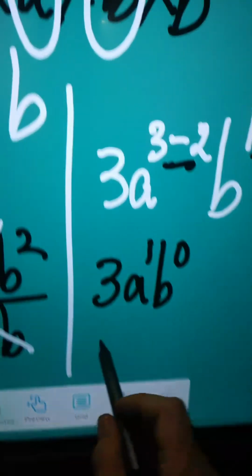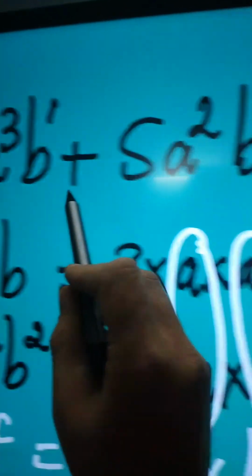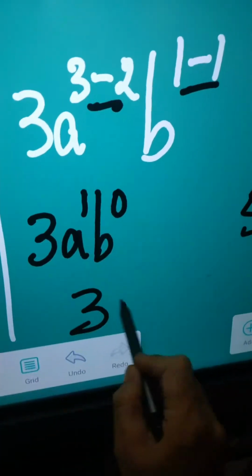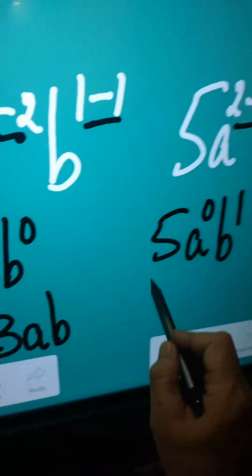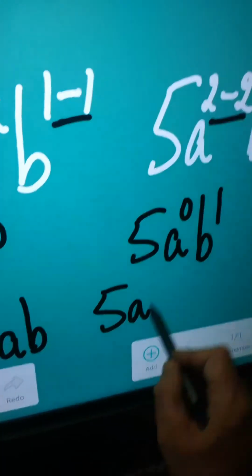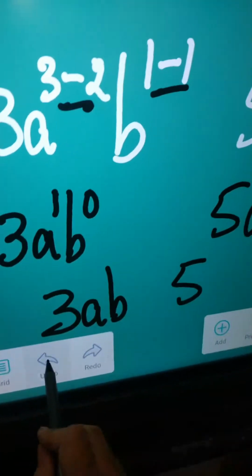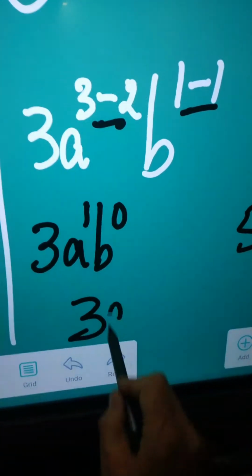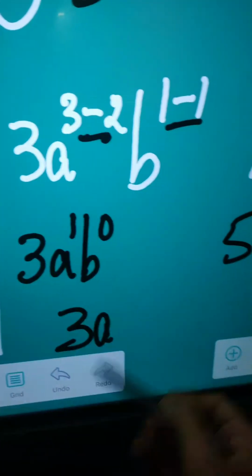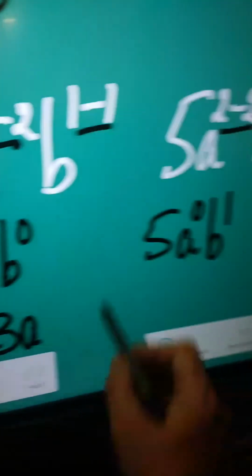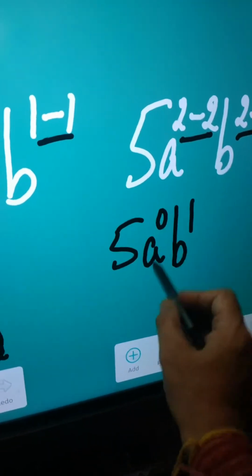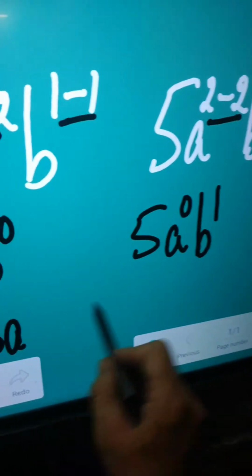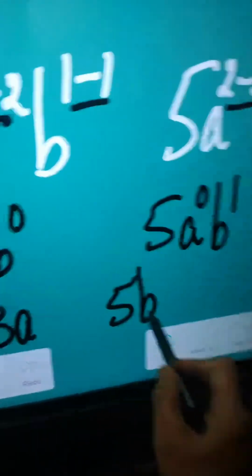So now this step's answer becomes 3a, b power 0, and 5, a power 0, b. It will become 3a power 1, which is a, and b power 0 is 1, by the zero exponent law. This becomes 5b, since anything raised to the power 0 is 1. So this answer becomes 3a and 5b.